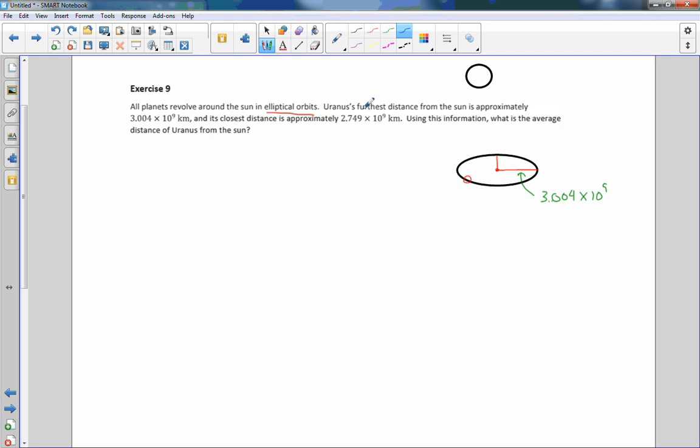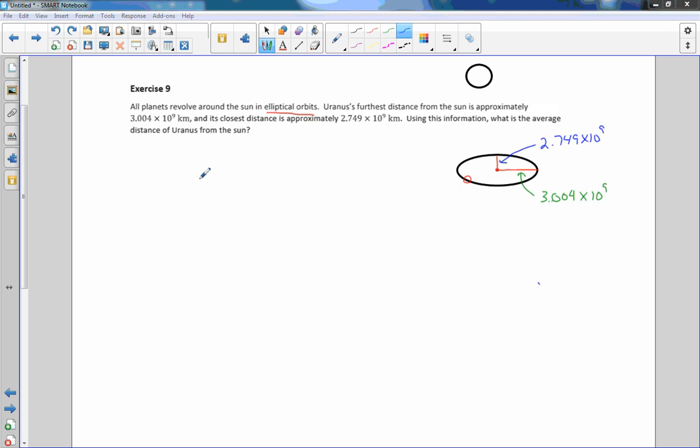Okay. And its closest distance, which is here, is 2.749 times 10 to the 9th. Using this information, what is the average distance? So we have two distances, and to find average, you add them and divide by 2.